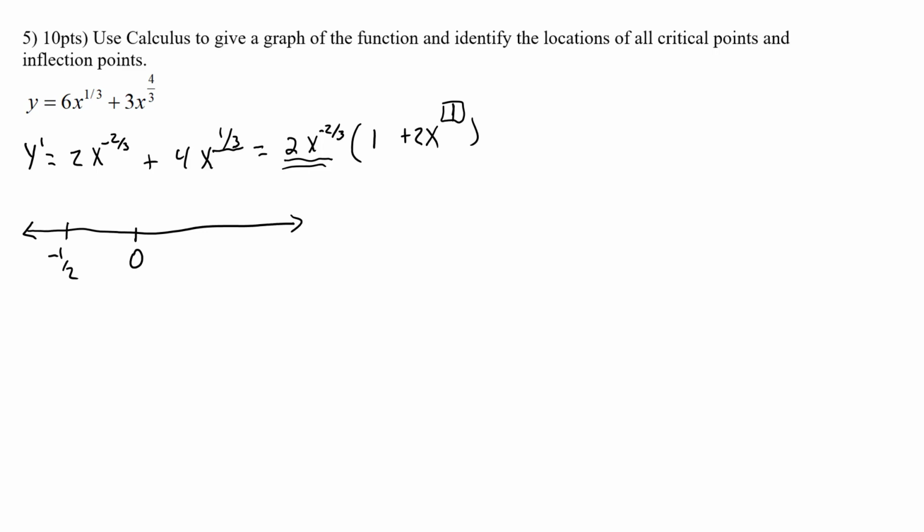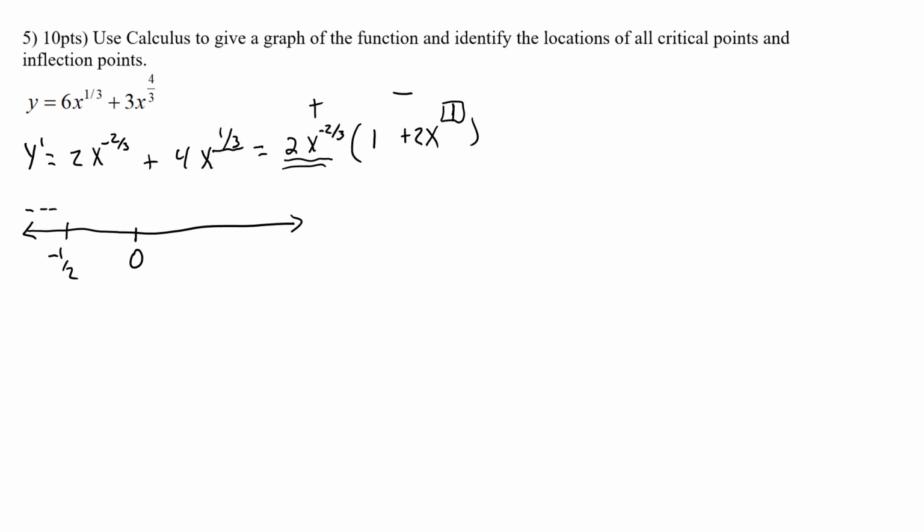And so that means then that to the left of negative 1/2, this will be positive. But if you put in something like negative 1, this will be negative. And so then you have a positive times a negative, so you get a negative.